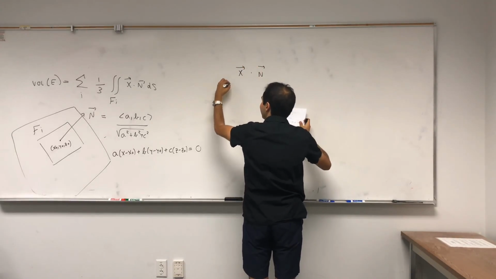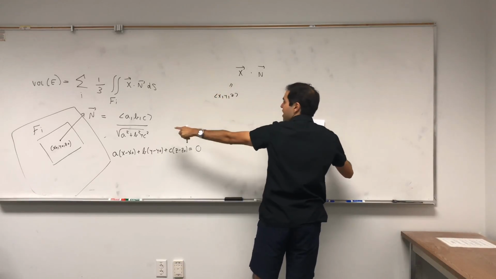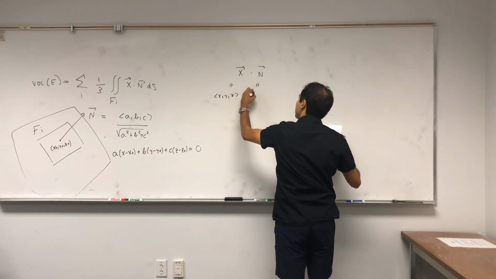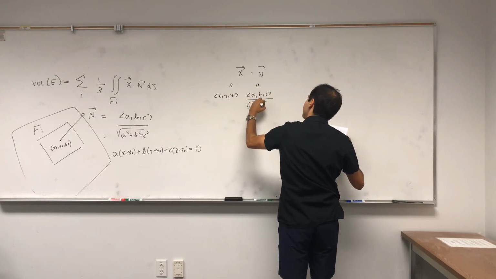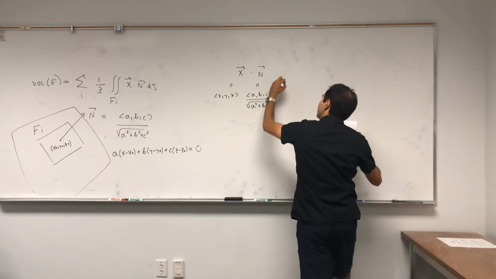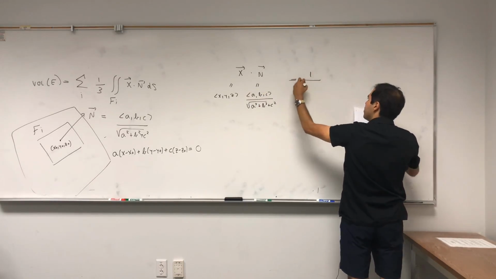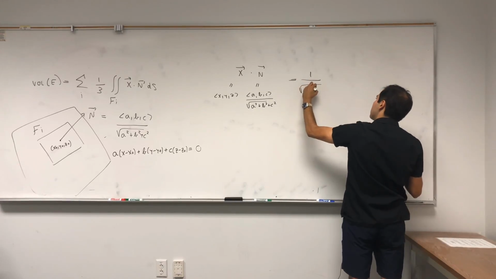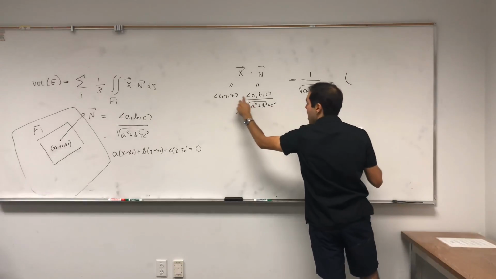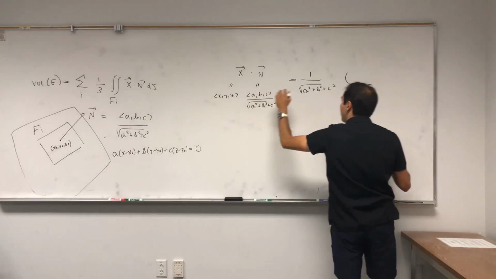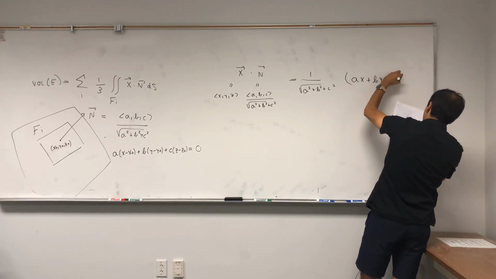Again, x is just (x, y, z), and n is (a, b, c) over the square root of a squared plus b squared plus c squared. That just becomes the factor 1 over the square root of a squared plus b squared plus c squared times (ax + by + cz), so ax plus by plus cz.